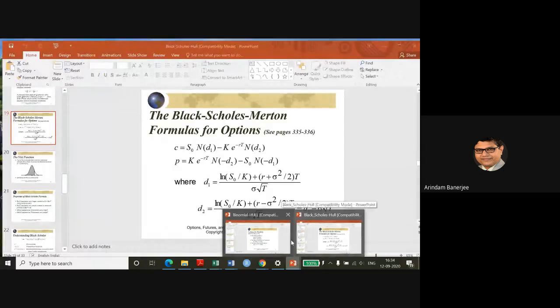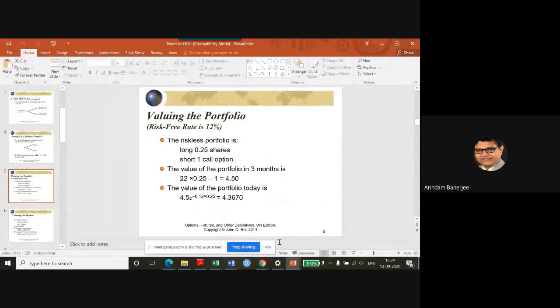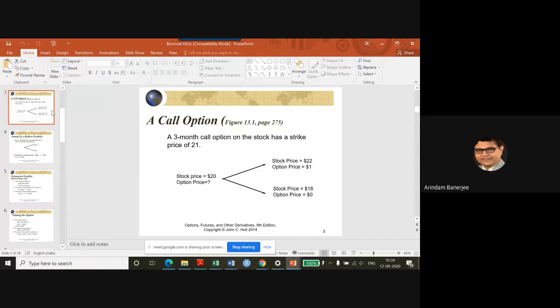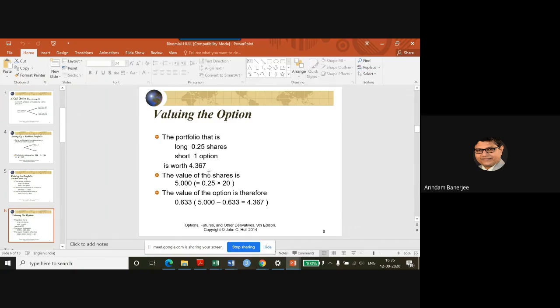Okay. So here, what we did, we calculated the present value. Now the logic is that if we assume there is no option in this portfolio, then what should be the value of this portfolio? 20 into 0.25, because delta is 0.25. So 20 into 0.25 becomes 5. But the value of the portfolio we are calculating is 4.367.